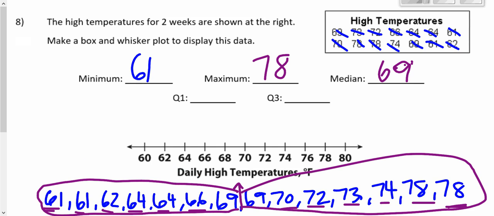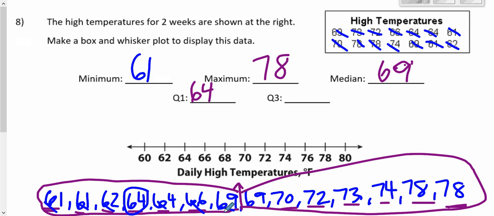So here I can look and I can mark off one low, one high, one low, one high, one low, one high. So I have 3 on the left, 3 on the right. So 64 is my quartile 1, 64.